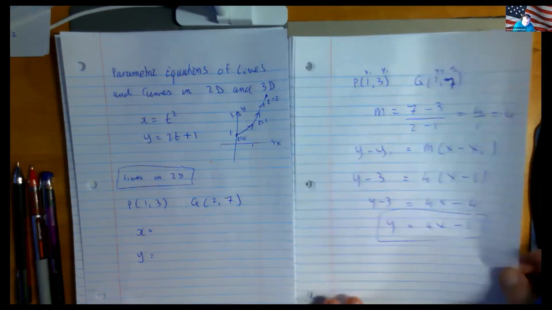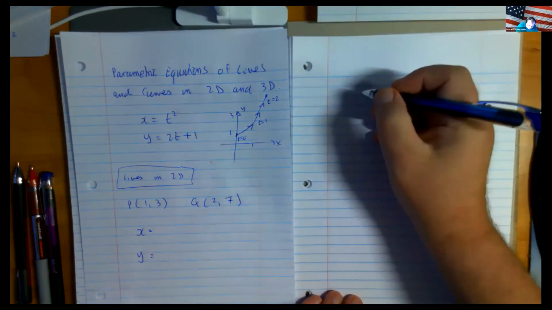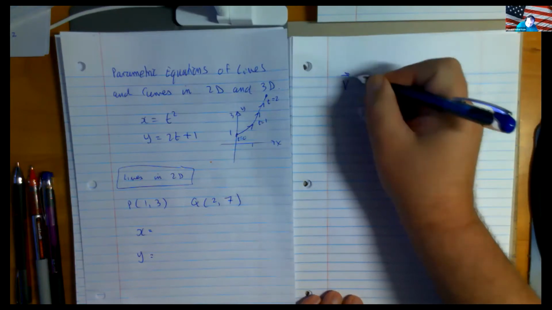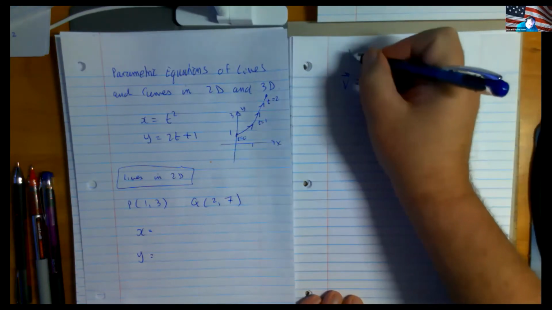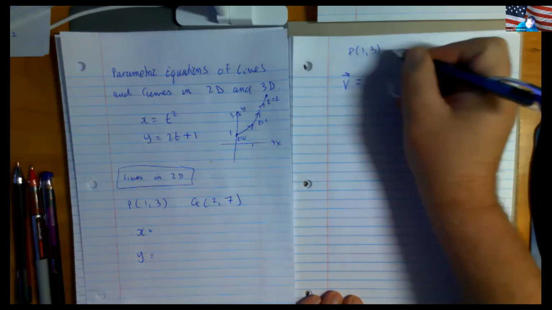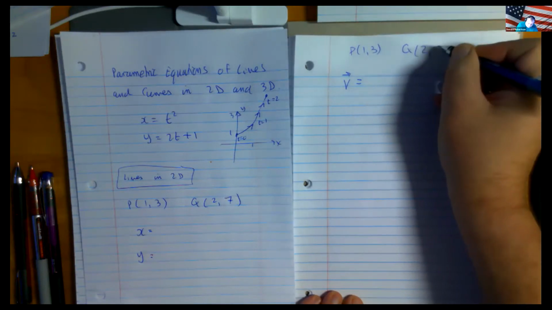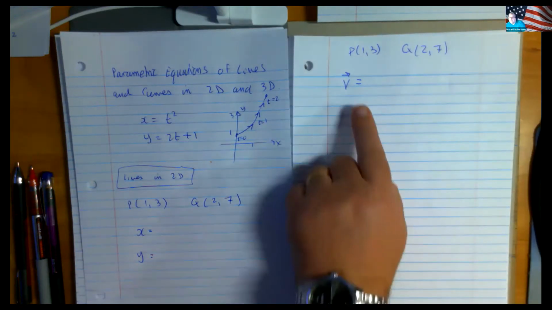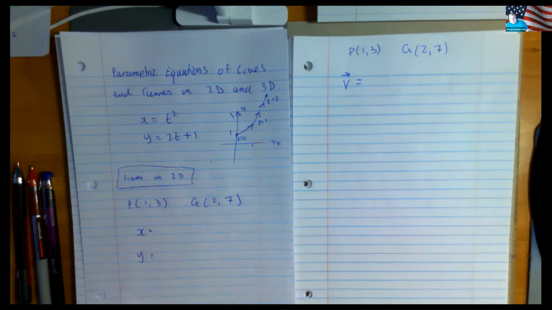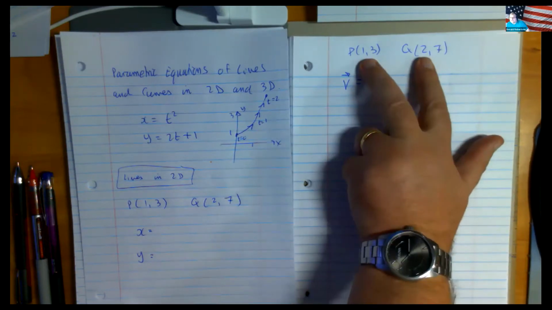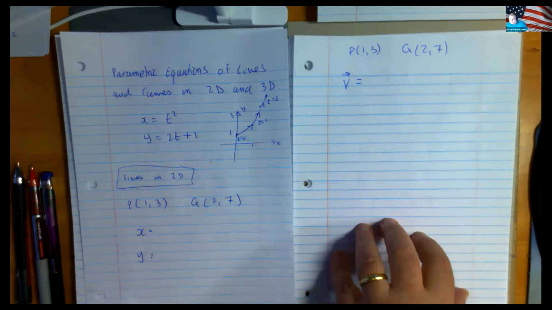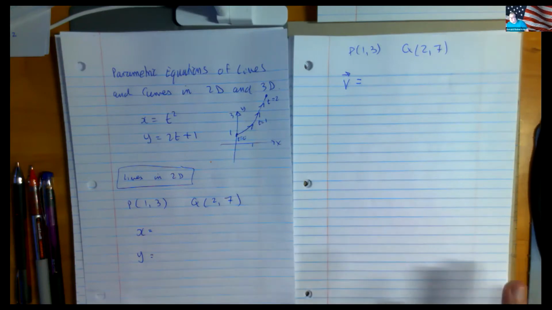So first thing I'm going to introduce you to is the direction vector. So we have the point (1, 3), and the other point is (2, 7). The reason I'm going to do it this way, which looks a bit clunky, is that this method is going to transfer directly into 3D straight lines, and then from there 4, 5, and 20 dimensional lines. So it's going to be the same basic method.